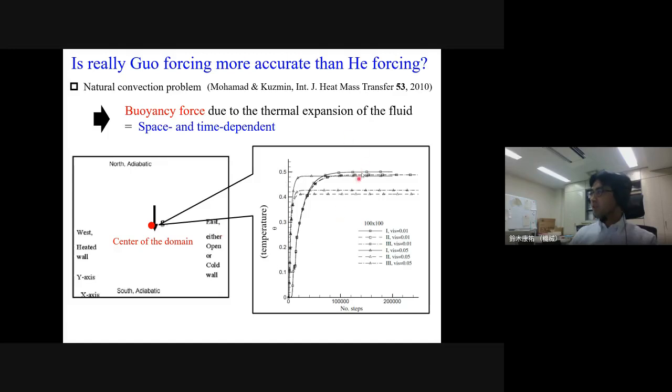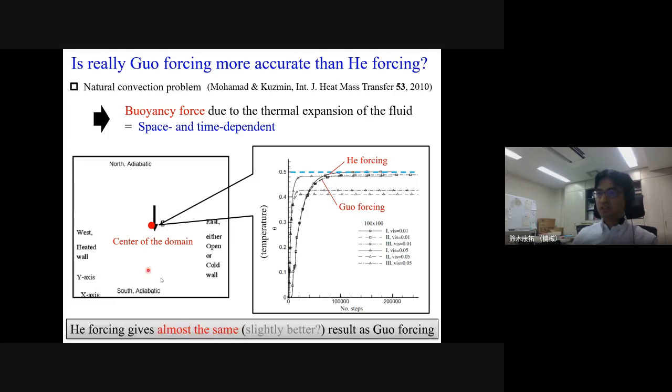In this figure, this curve is for the He forcing, and this curve is for the Guo forcing. The analytical solution should be 0.5 because of the symmetry of the domain. From this result, we can see that the He forcing gives almost the same or slightly better result than Guo forcing. So this contradicts the conclusion of the Chapman-Enskog analysis.